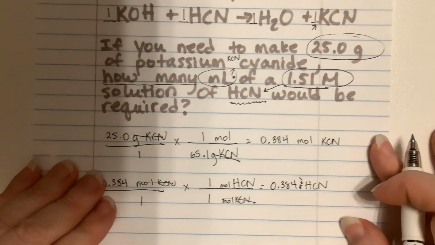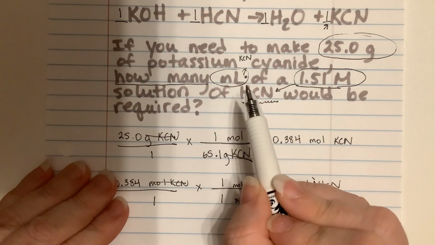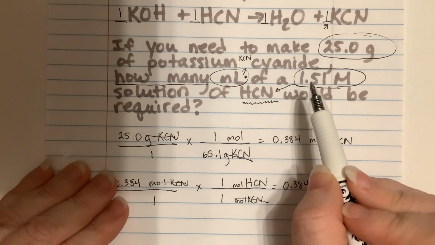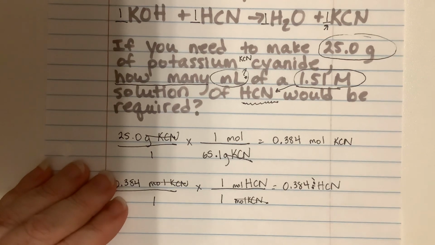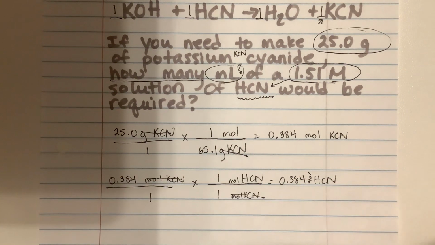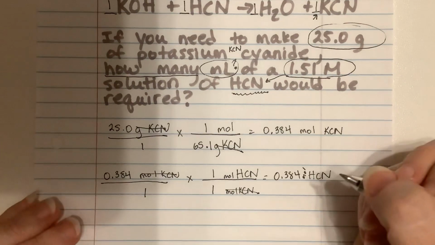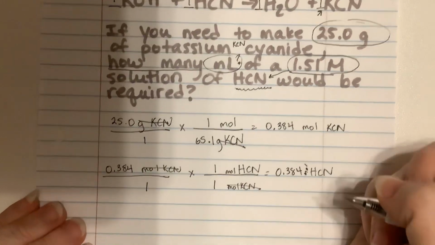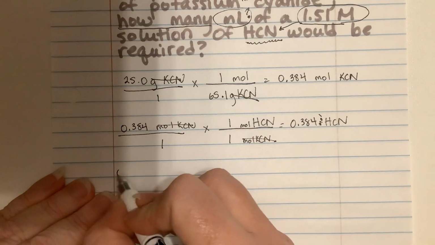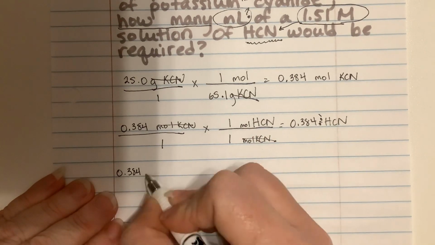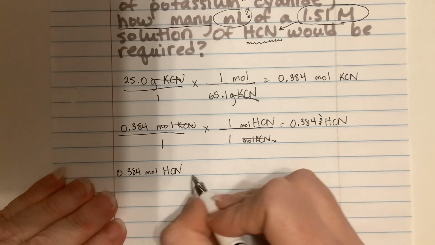Now remember, we want to figure out how many milliliters of a 1.51 molarity solution of HCN there is. Okay, so we need to now set up one final problem. Well, actually there's one almost final problem. We'll take our moles of HCN, right?